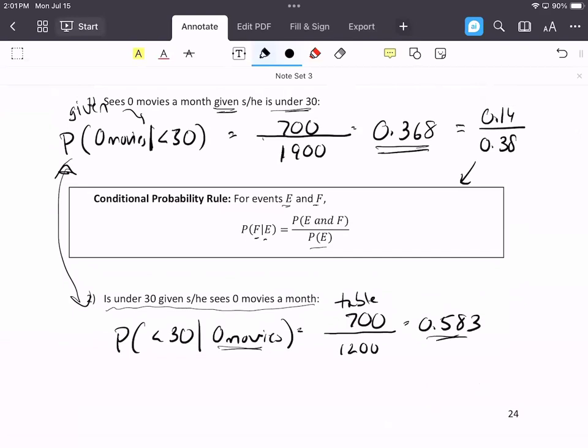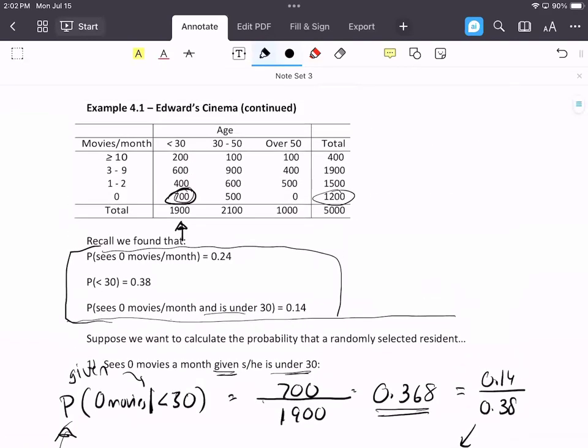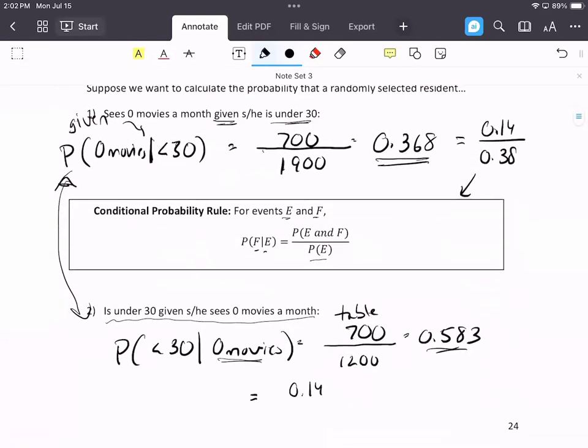Now let's do it using the conditional probability rule. We need the probability that they are under 30 and see 0 movies. That's 0.14. We have that information here, divided by the probability that they see 0 movies, 0.24.